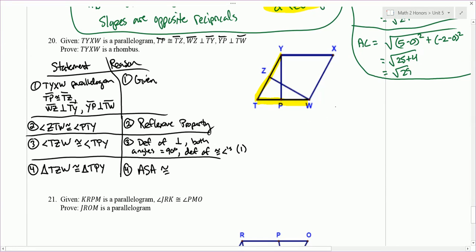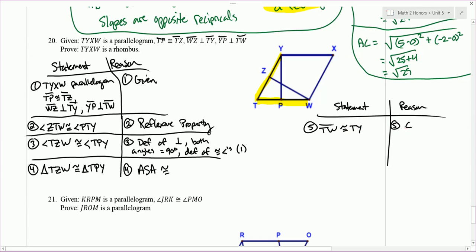And so I'm going to continue my proof over here, statement, reason, on to statement 5, that TW is congruent to TY, and our reason is corresponding parts of congruent triangles are congruent.